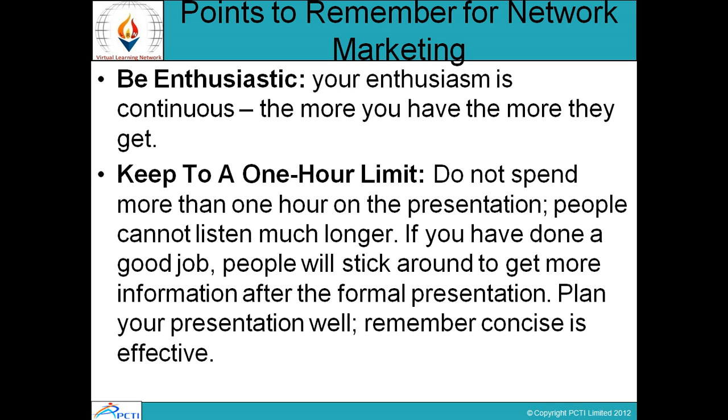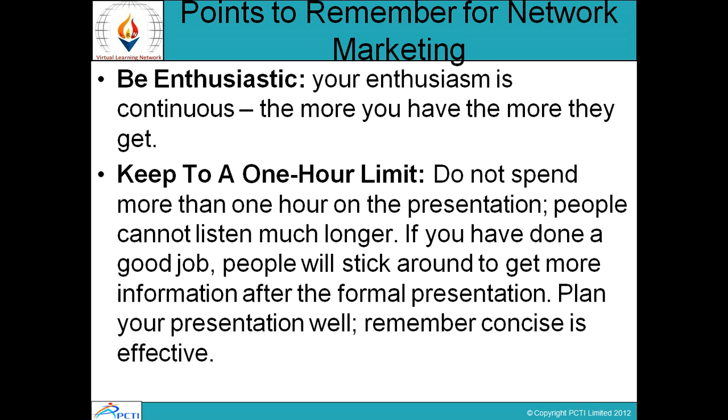So plan your presentation very well in advance and remember, concise is the effectiveness. Present your presentation in a marketing manner, in an advertisement manner, like when we watch movies or serials on TV, we see different ads, and in just 30 or 40 seconds the advertisement communicates its message.